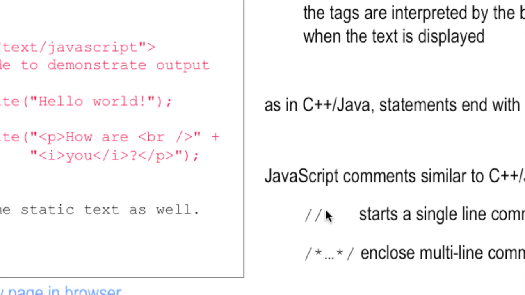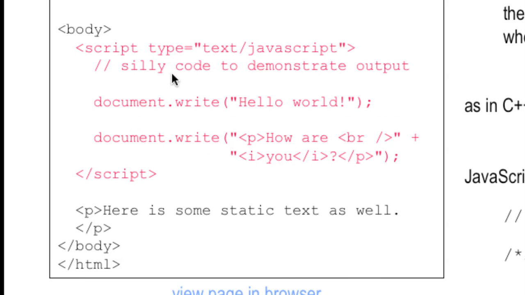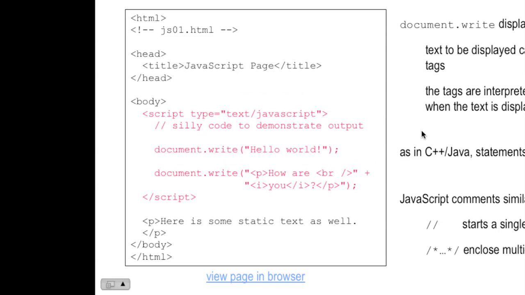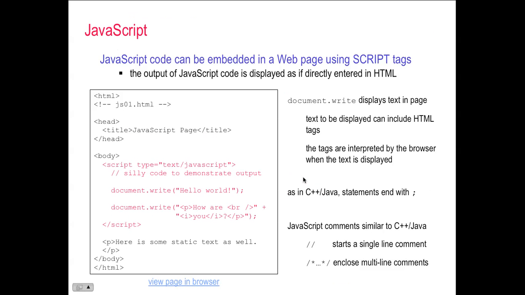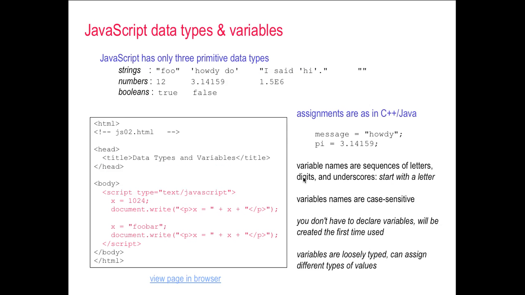I prefer this because I just put in small comments. And comments are nice because, you know, this is silly code to demonstrate output, but it might mean something else. It might mean this is the final amount that the customer needs to pay us, or this is the sales tax or something. You know, it might make a little bit more sense.